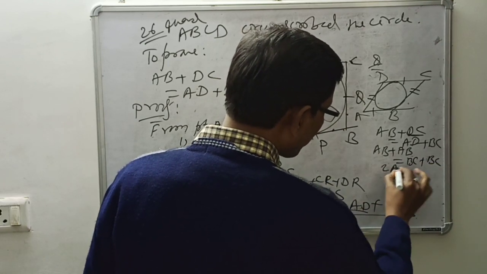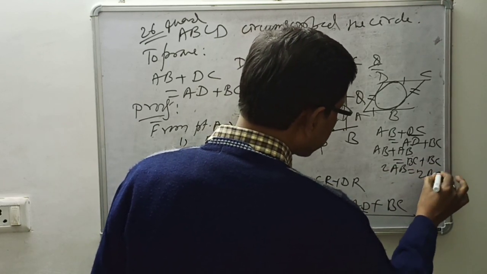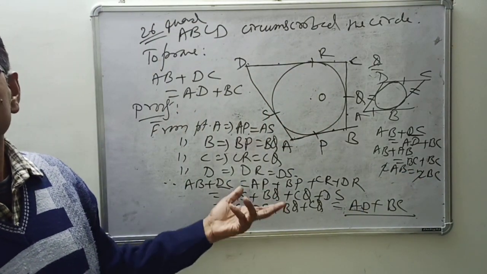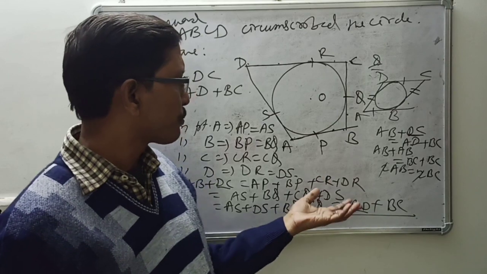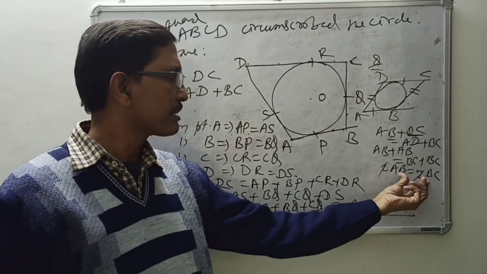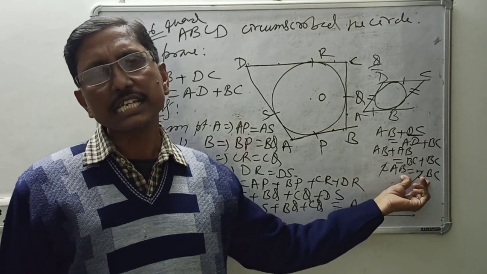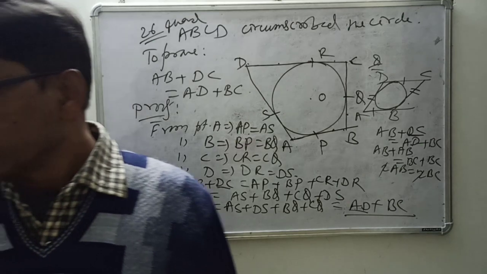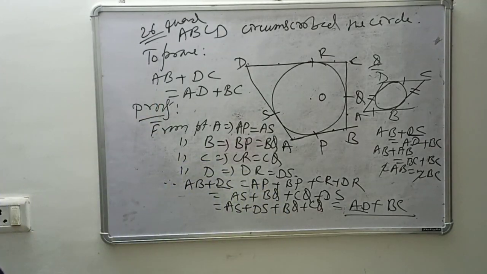So ultimately 2AB equal to 2BC, or cancelling 2, AB equal to BC. So in that parallelogram, ultimately the adjacent sides are equal. That means it will be a rhombus. So in this way we will be able to prove that.